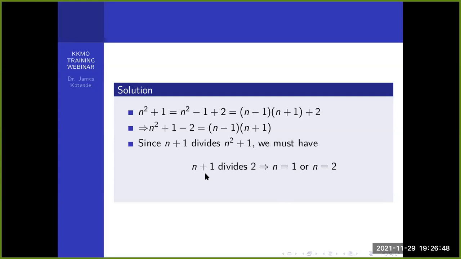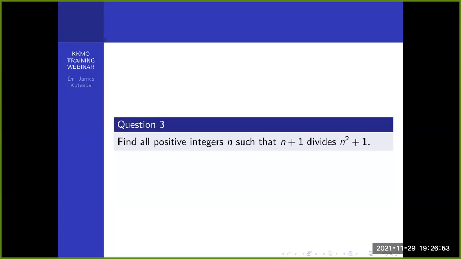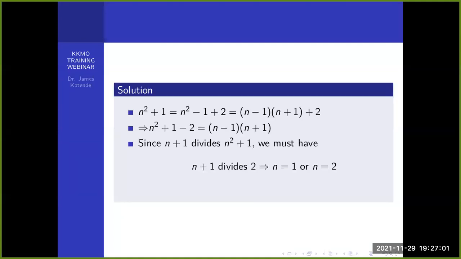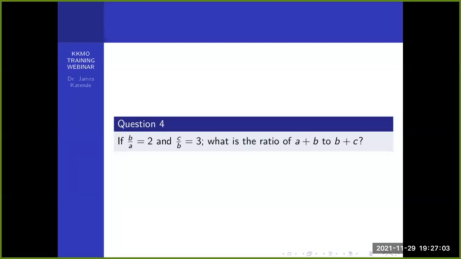Can you just briefly go back to the question? Just one moment, please. Okay, thank you. So this is the last question for today. Shouldn't be too hard to solve if you are given a few minutes.